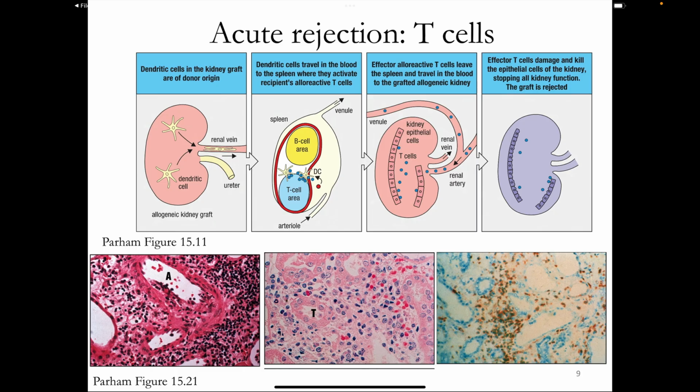At some point, some T cells come into that kidney graft and start to destroy it so that it is no longer going to persist in the patient. In the images at the bottom, you can actually see T cells coming in and invading a kidney graft before rejecting it. The idea is that these T cells are rejecting this graft because they recognize it as foreign.